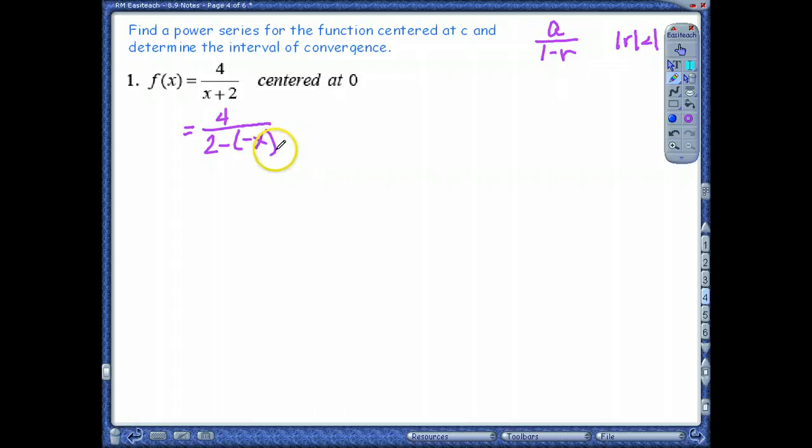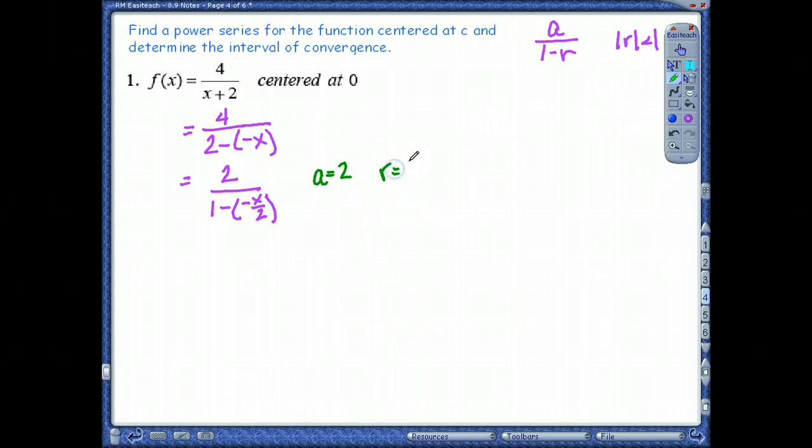So I'm ready to move on to the next step, which is to make sure I have that 1 right here. So I'm going to divide everything through by 2. That's going to give me 2 over 1 minus a negative x over 2, divided the whole thing by 2. Now I am finally in that form. A is 2.